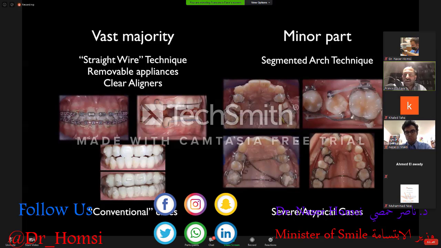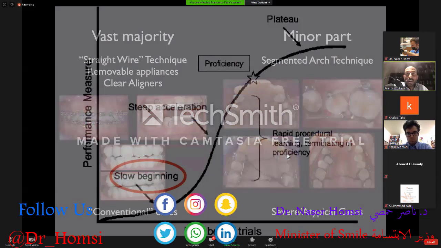But a minor part of the patients can obtain benefit from the segmental arch technique approach, which allows us to treat the most severe and the most atypical cases, and allows us to do very specific dental movements without altering all the rest of the occlusion. It can be indicated in some specific clinical conditions.